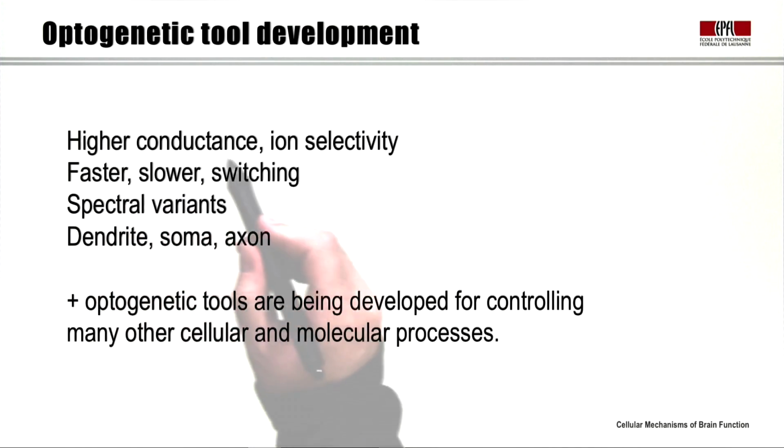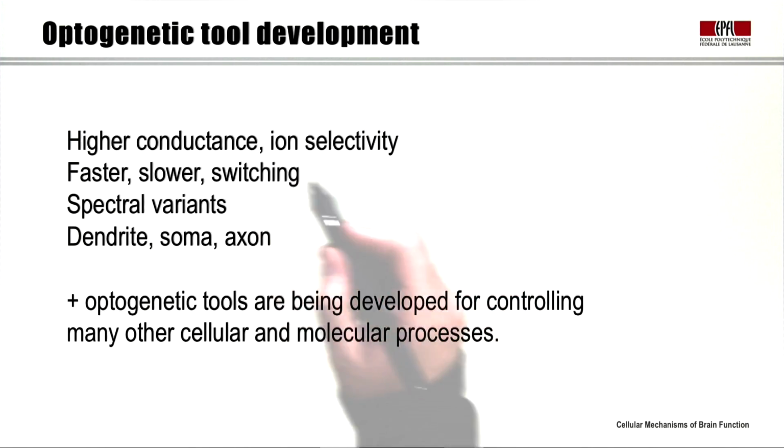Researchers are working on making higher conductance ion channels that would allow greater ion permeability and thus a more potent optogenetic actuator. Or they're trying to change the ion selectivity, making calcium permeable light-activated channels or potassium selective ones, in addition to improving the chloride selectivity of the newly developed ion channels.